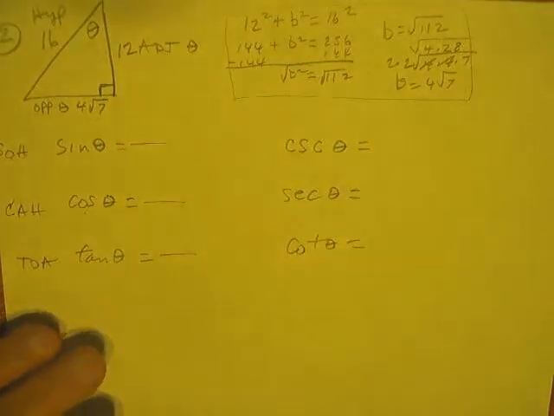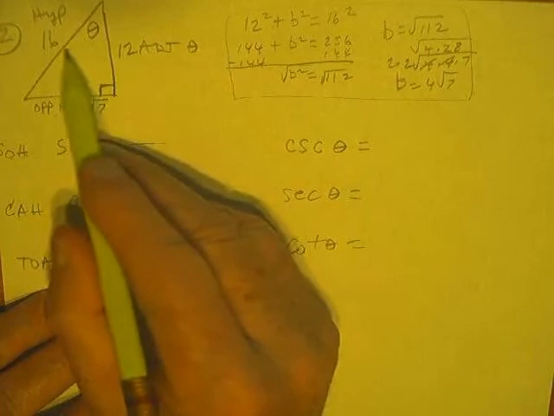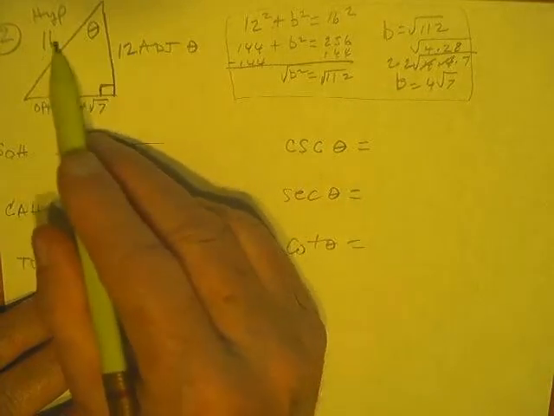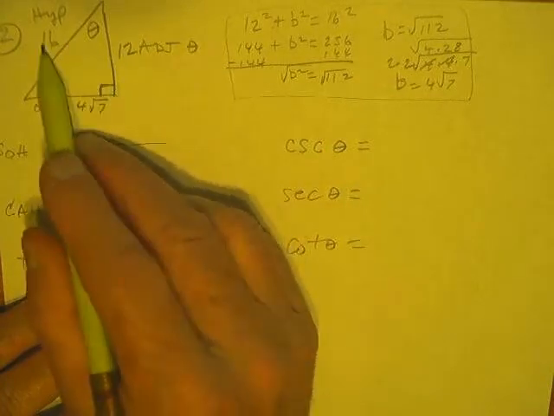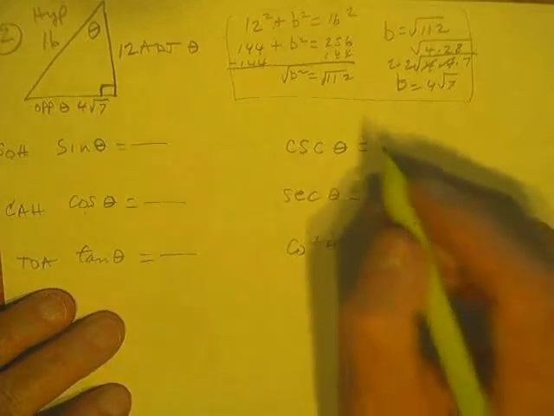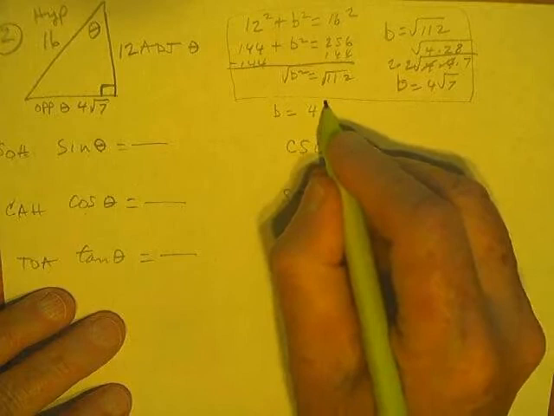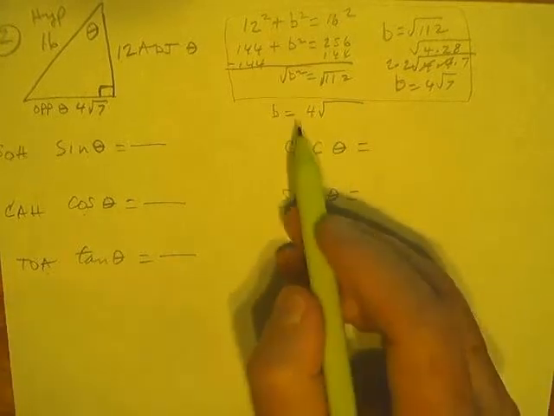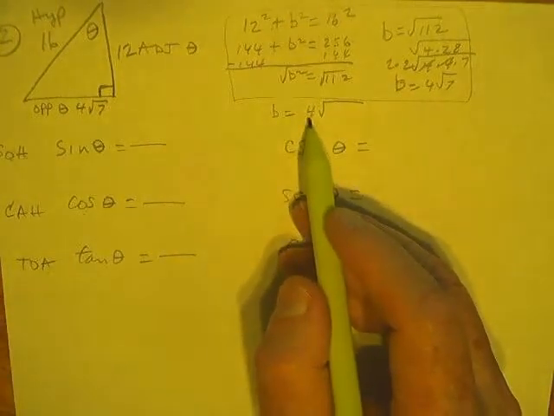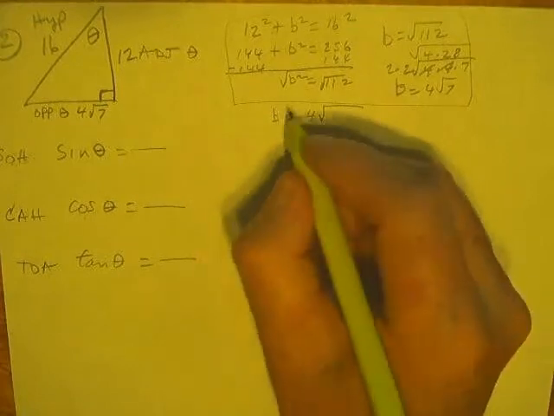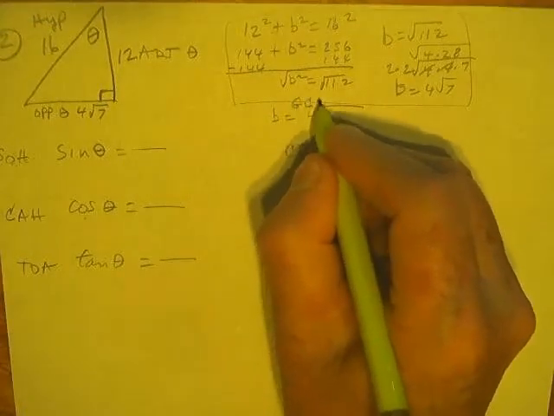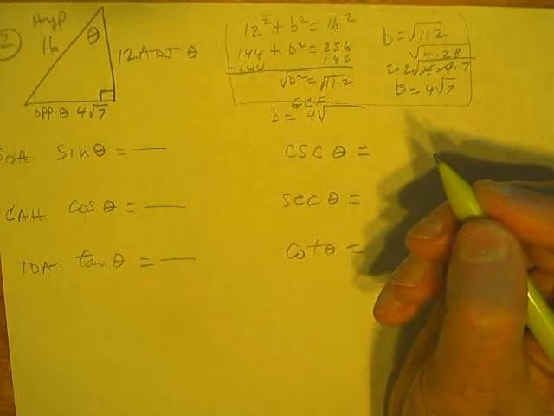So what we figured out, if you just look at these numbers, what's the greatest common factor for 12 and 16? Here's the fast way. Well, that would be 4. So you could just stick 4 in front of the radical as the greatest common factor.